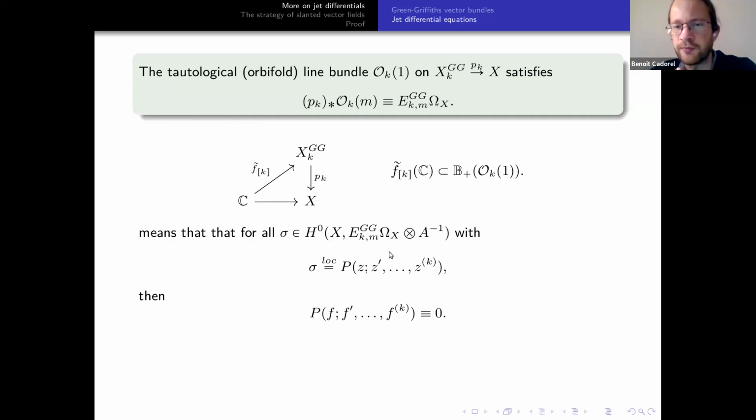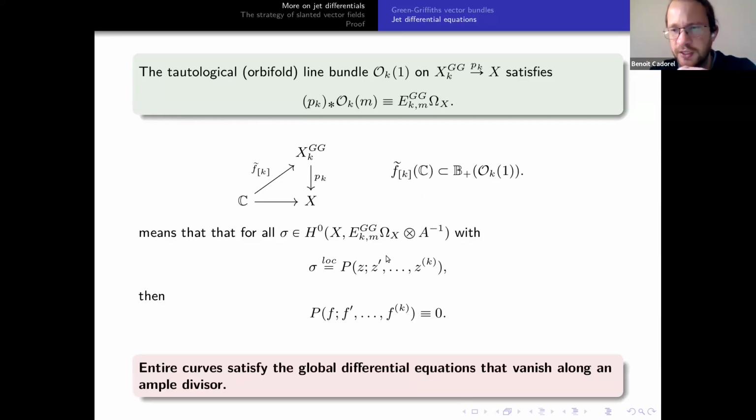And it is the meaning of this fundamental vanishing theorem, which you can interpret as saying that entire curves satisfy these global differential equations, which are defined by this section sigma, that vanish along an ample divisor.